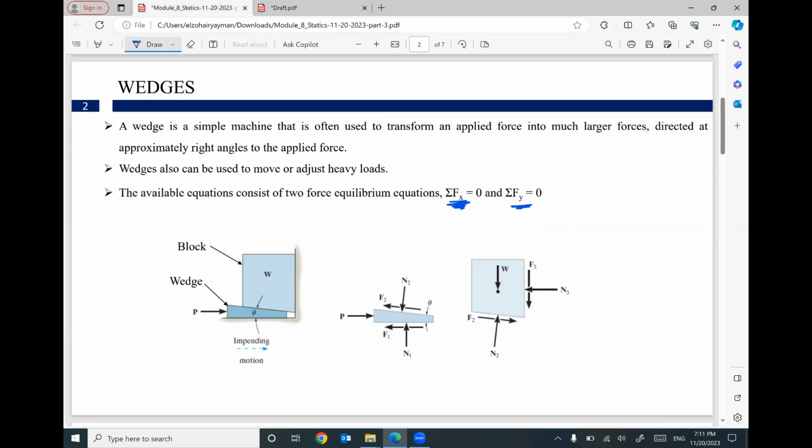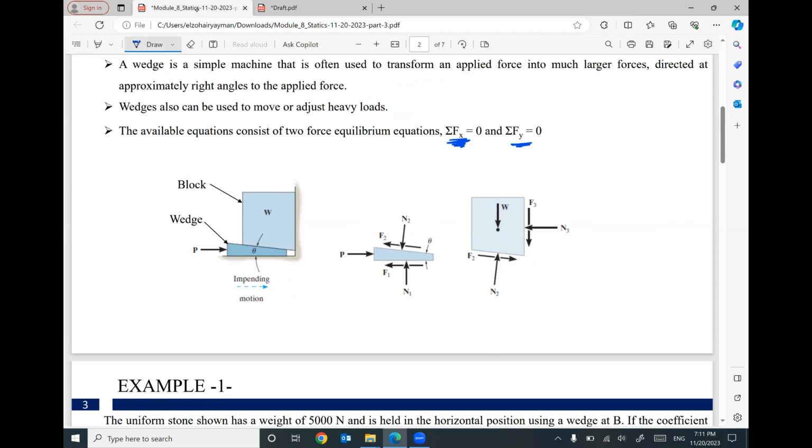So, for example, if you are pushing this wedge to the right, we have a contact here on this inclined surface. So I will expect friction and I will expect a normal force perpendicular to the surface of contact for the wedge.